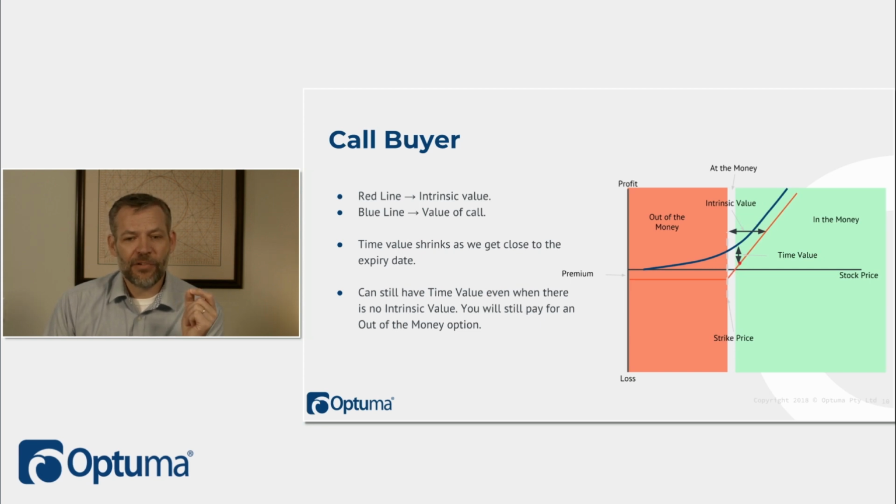And then the further we go up, obviously the deeper into the money we get, the higher my profit will become. This at the money part is anywhere from my strike price to where I would have recouped my premium, is what we would call at the money. So the time value there, we can see is basically this slope here.